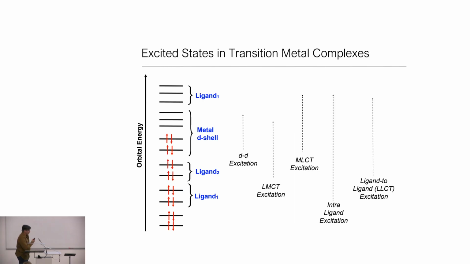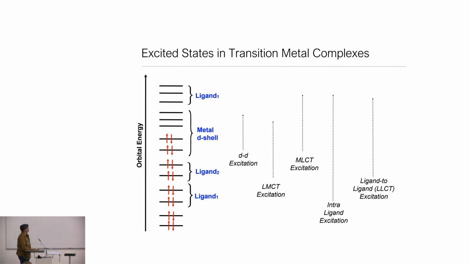If you look at the molecular orbital diagram of a transition metal complex, it typically looks like this: in the case of a d metal, there are the five molecular orbitals that derive out of the metal d shell that are partially occupied. Then you have occupied ligand orbitals, say of ligand 2 and ligand 1, and then you have empty ligand orbitals, often when the ligand has pi systems, like pi star orbitals.